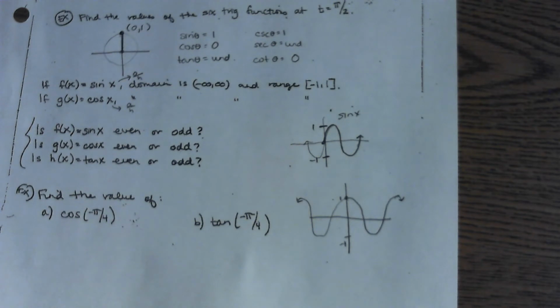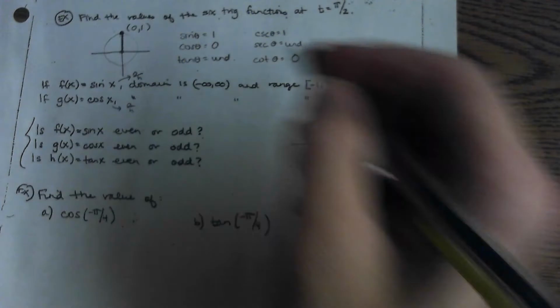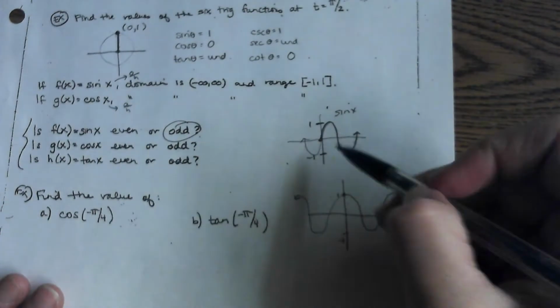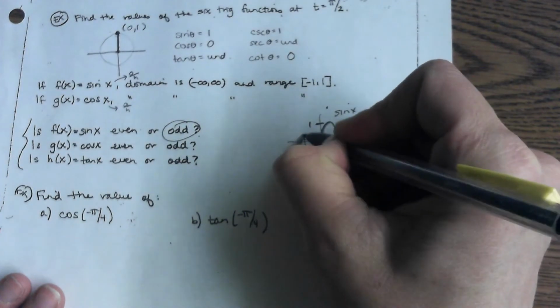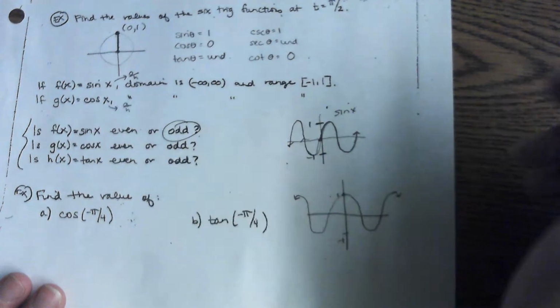Even would be symmetrical to the y-axis. Odd would be symmetrical to the origin. Neither would be symmetrical to neither. Andrew? Odd. That's symmetrical to the origin because it looks the same right side up as it does upside down.